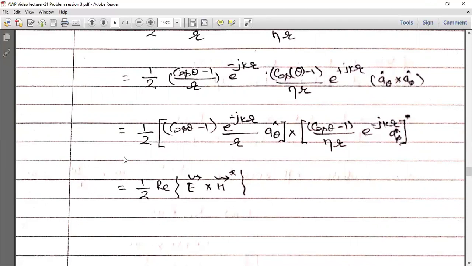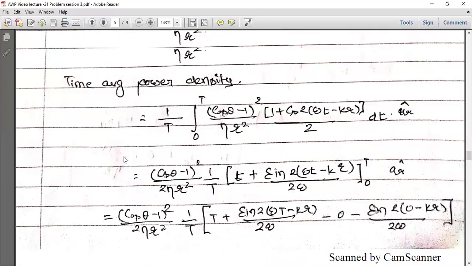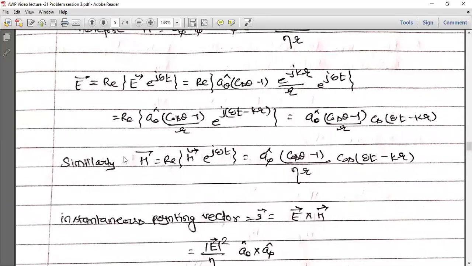There is no meaning of using time average power density. In that case, the important thing is to find the instantaneous power density at any particular point, as given by S equals E cross H. This is general. S equals E cross H is true for every electromagnetic field. You can find this for every electromagnetic field.